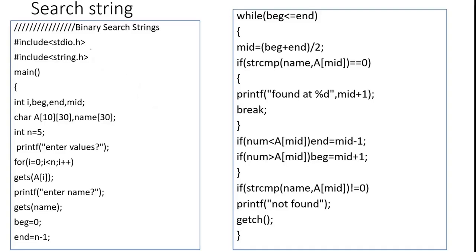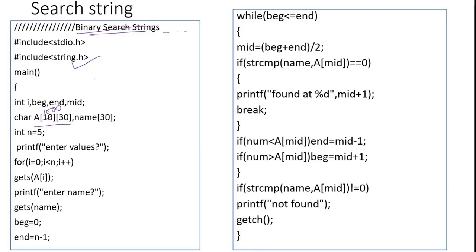This is another version where we want to search a string or name in the given list of names. So this header file is for string manipulation, and this is a character array we have to declare in C. Instead of writing 10, we can give a higher dimension here, 1000, maximum 1000 names.